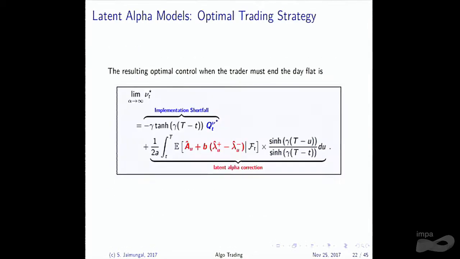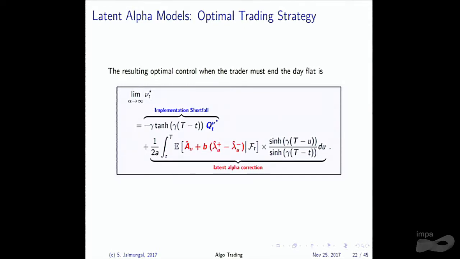And the optimal strategy has a very beautiful form. It looks like this. You take your inventory and scale it by a function of time. This function of time is something called, well, the product there gives you a strategy called implementation shortfall.